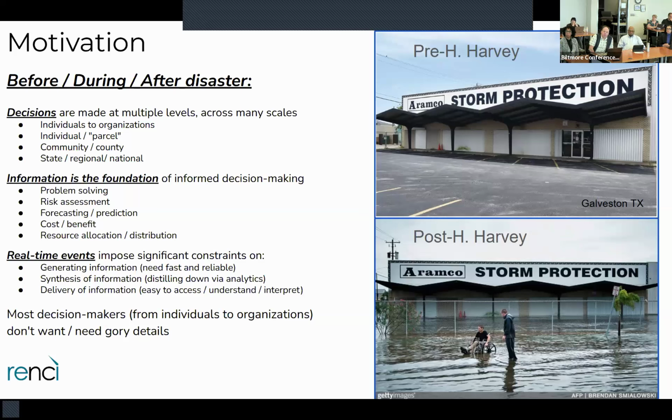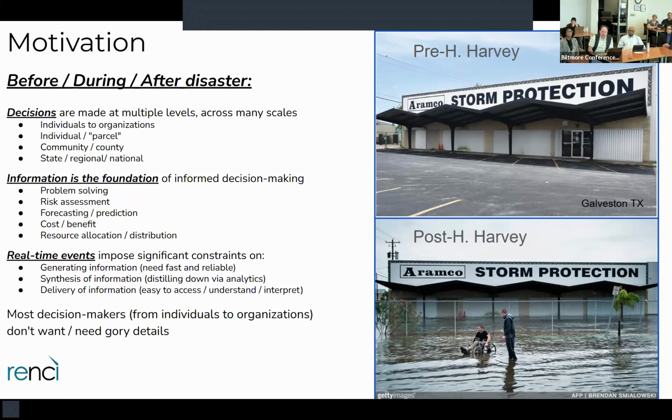Real-time events, this is not so much real-time events meaning the hurricane is making landfall. By the time that's occurring, your mitigation and preparation is sort of frozen in time, right? You can't do much as the hurricane's barreling down on you to be better prepared. You're either prepared at that point or not.